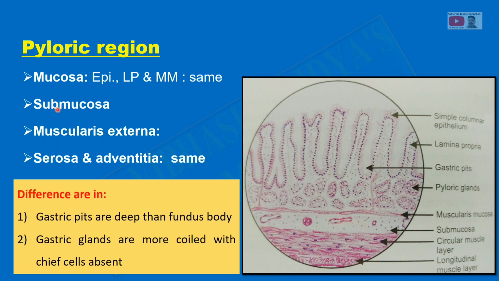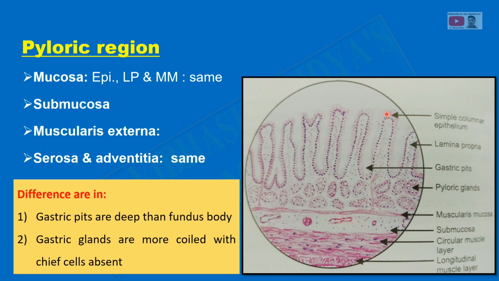But the difference is the gastric pit. You can see here, these are the gastric pits. The gastric pits are deeper than the fundus or body of the stomach, and these gastric glands are more coiled, with the chief cells mainly absent.